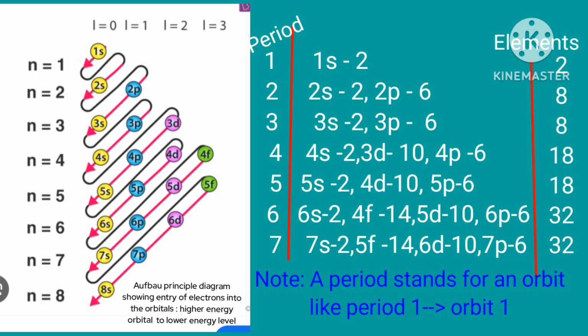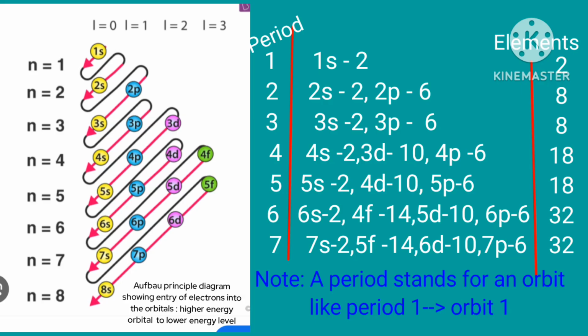Then coming to second orbit, that is second period, it has 2 plus 6, 8 elements. And the third orbit, that is third period, has 2 plus 6, again 8 elements.